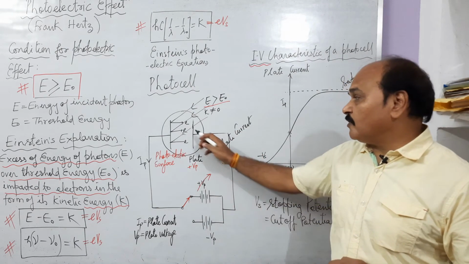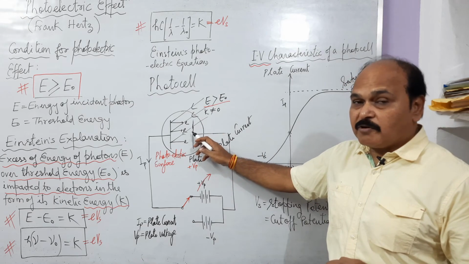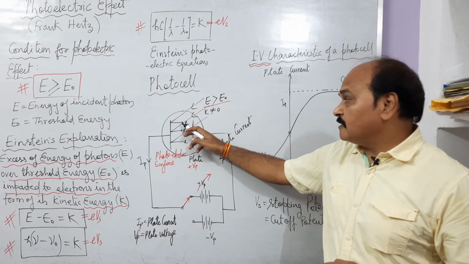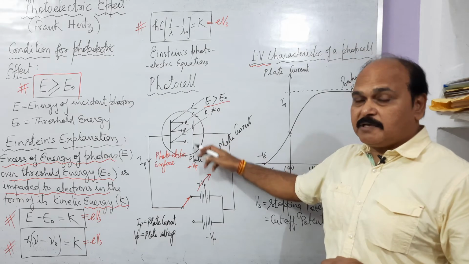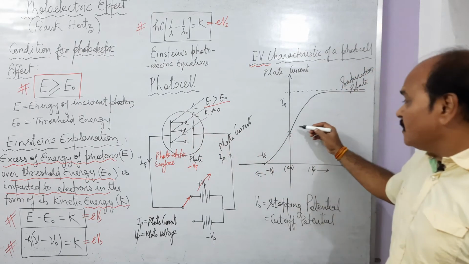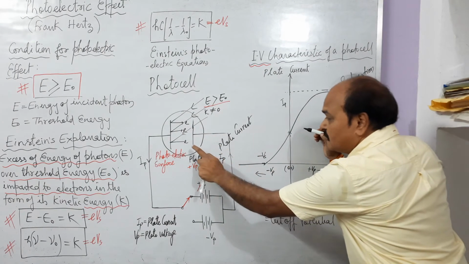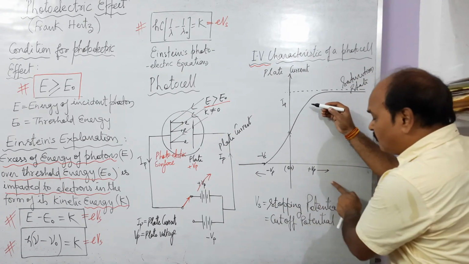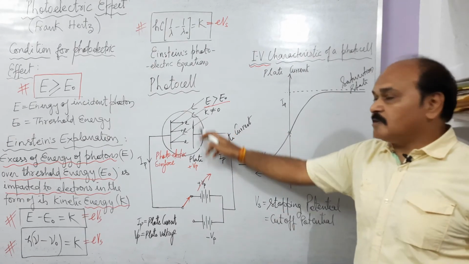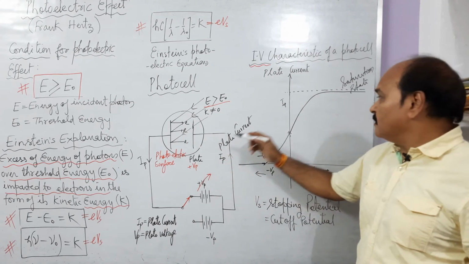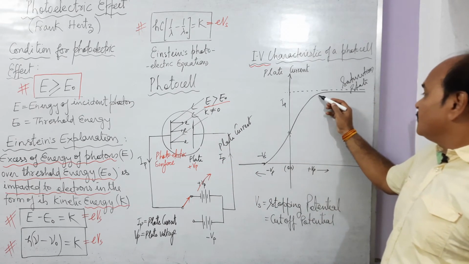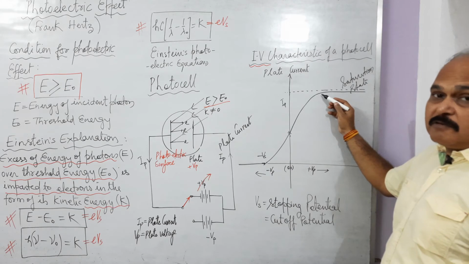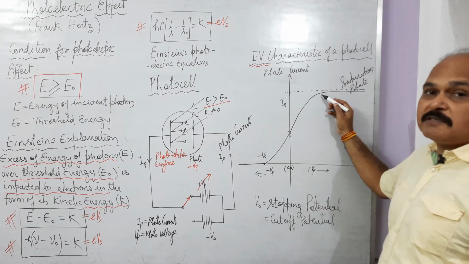Those electrons which were not able to reach this plate for any reason are pulled toward this plate, and the number of electrons reaching the plate increases. As a result, the plate current increases. As we increase the voltage, more and more electrons reach the plate, and finally a state is reached when the current stops increasing.